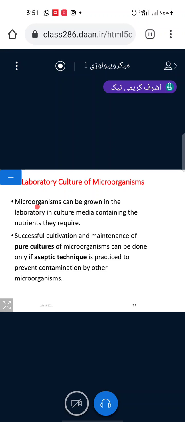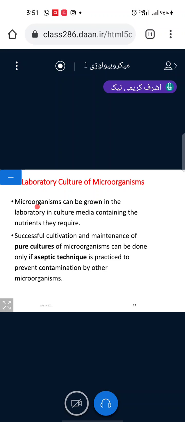Successful cultivation and maintenance of pure cultures of microorganisms can be done only if aseptic technique is practiced to prevent contamination by other microorganisms.